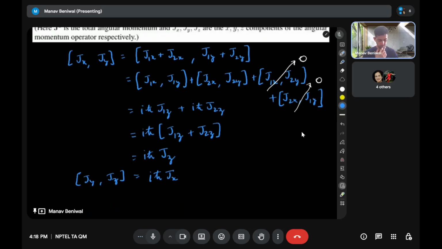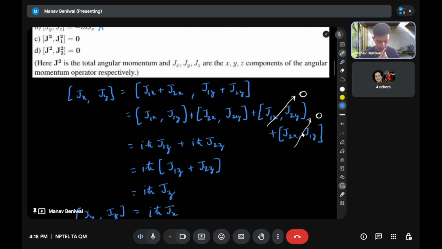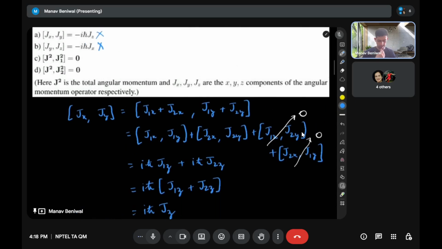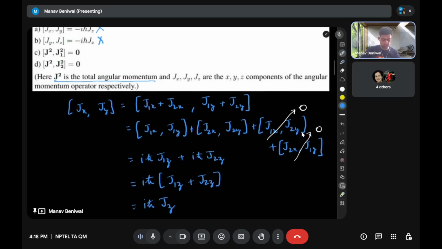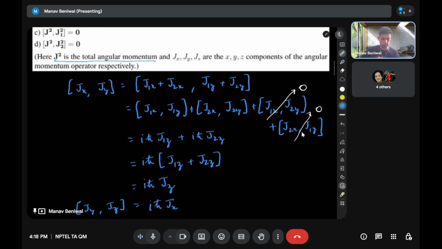Now let's look at part C and D. Here we have j square instead of x and y, and it is given that j square is the total angular momentum. So let's check for option C, where we have j square comma j1 square.